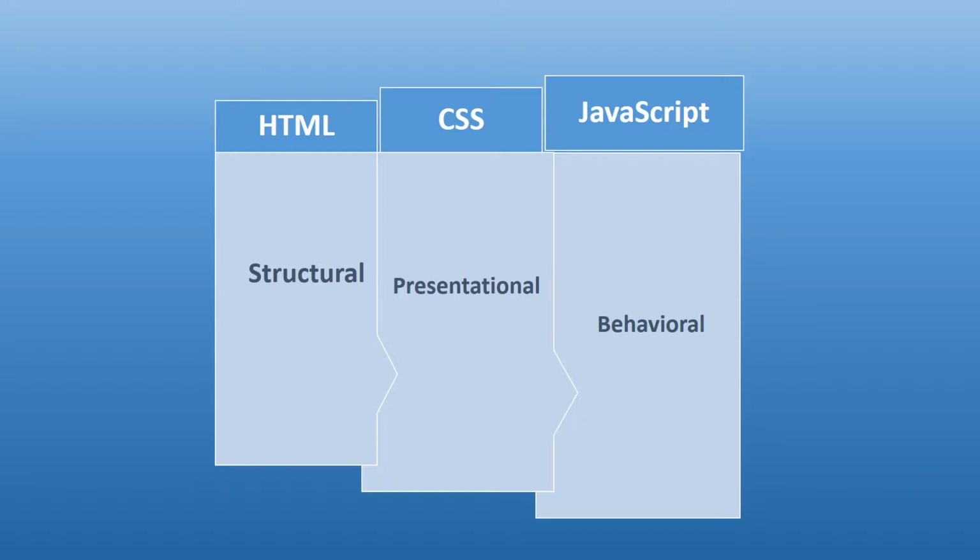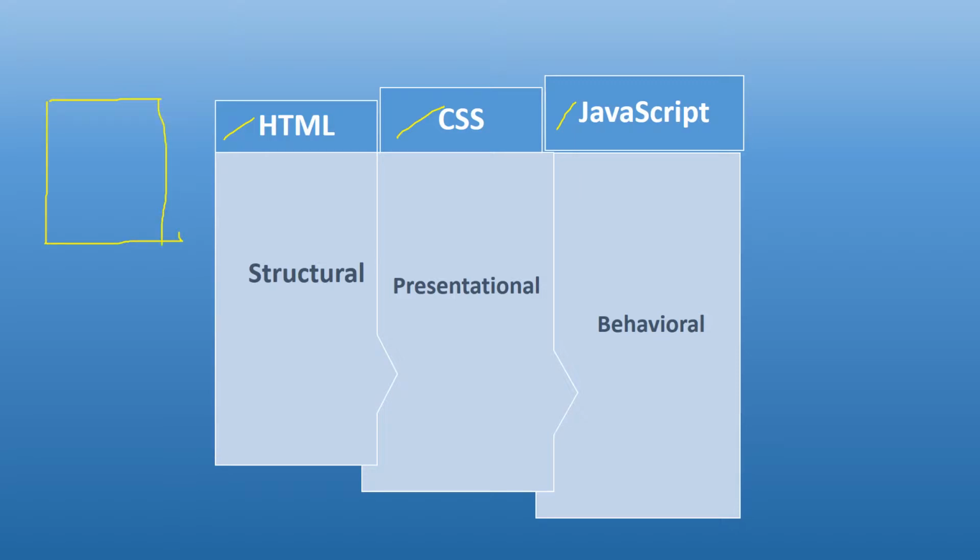This is where I'll tell you about the 3 basic parts of websites. Websites have 3 parts: HTML, CSS, and JavaScript. HTML is basically the structure of your website. Let me just draw it out here.